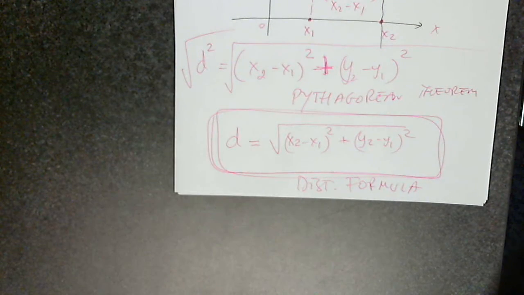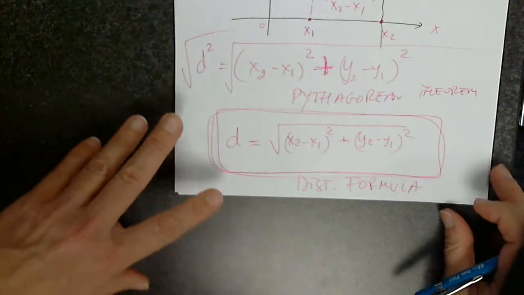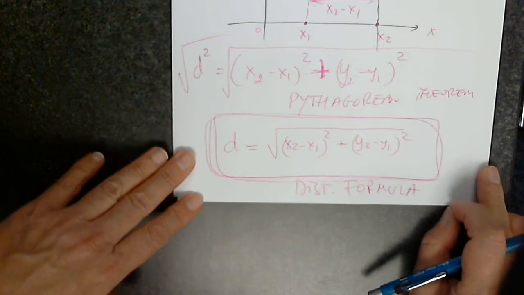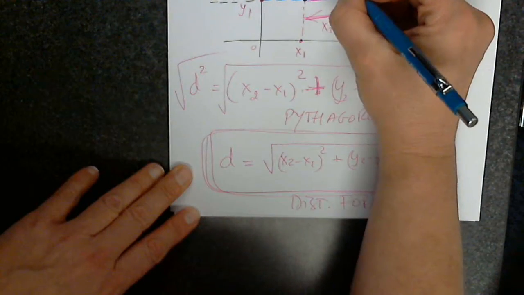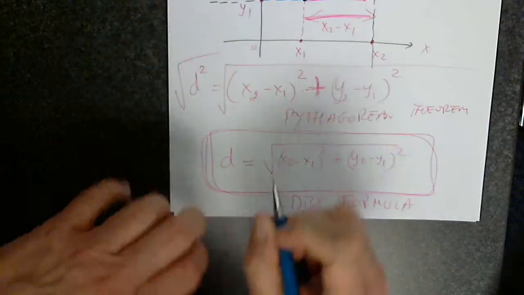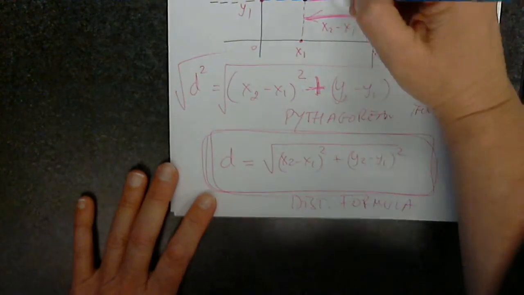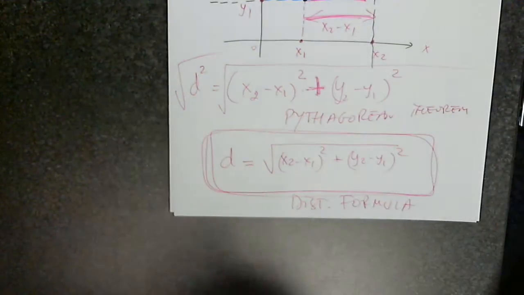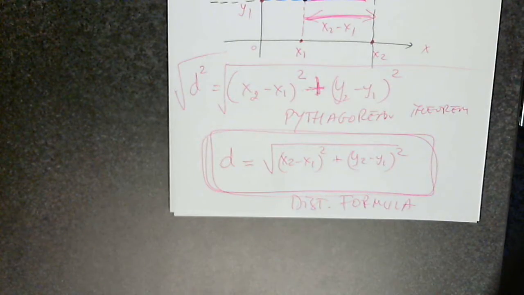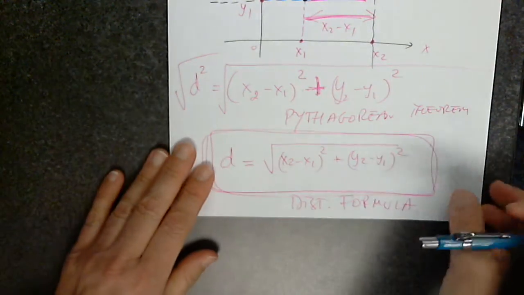Now, one other detail here is that right in the middle of this segment, line segment connecting A and B, we have what is called the midpoint. This point bisects or divides the line segment into two equal parts.